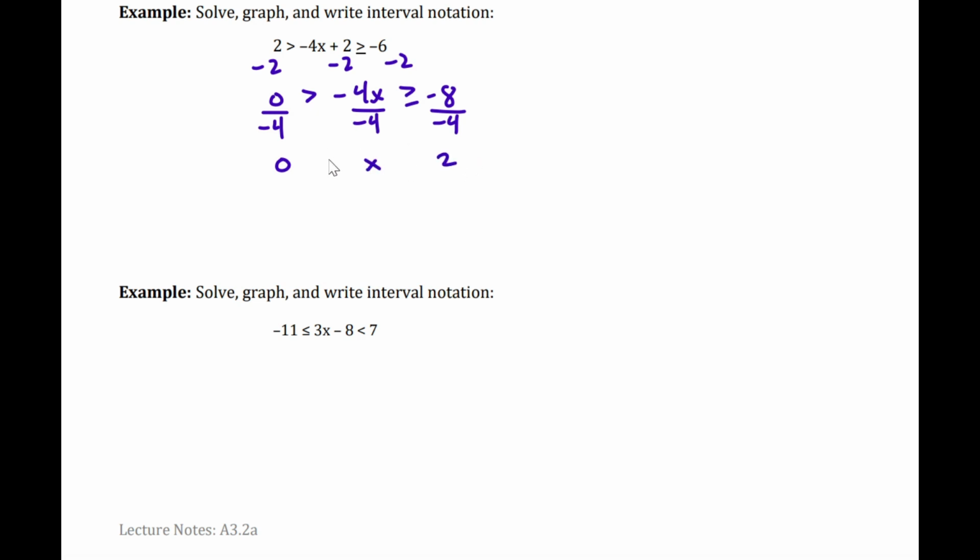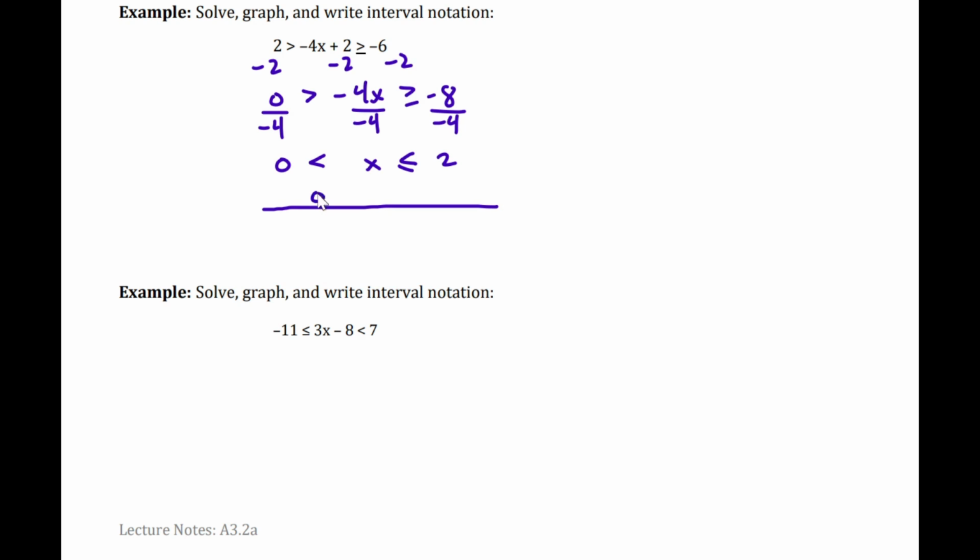Since we were dividing by a negative number, we have to flip all of the inequalities. So now x is isolated in the middle. It's saying the solution set is all of the x values that are simultaneously greater than 0 and less than or equal to 2. So we can go right to a graph here.